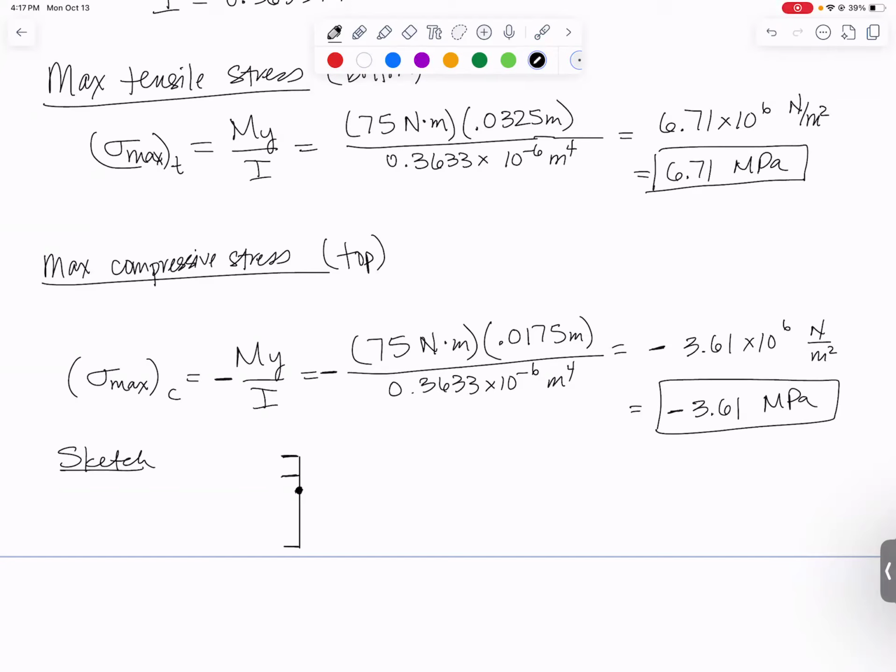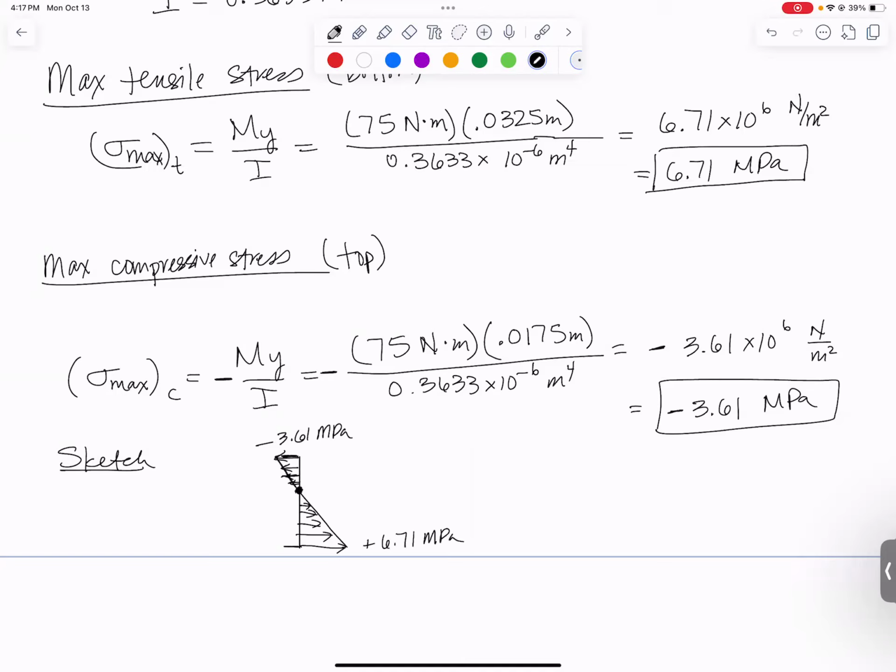So if we go up to the top, we're going to get a compressive stress. You can draw that way if you like. And at the bottom, we will have a bigger, because it's farther, tensile stress. So at the top we have minus 3.61 megapascals, and at the bottom we have plus 6.71 megapascals.